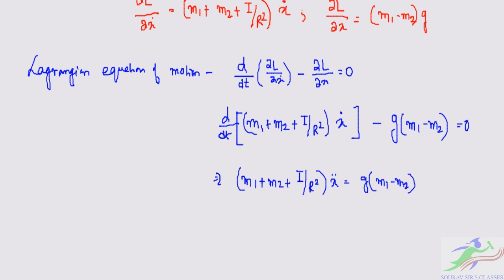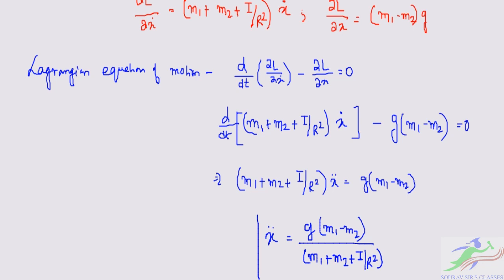So from here you can find x double dot, which is the equation of motion: x double dot equal to g (m1 minus m2) by (m1 plus m2 plus I by r square). That is the equation of the motion. So that solves our last part of question 6.